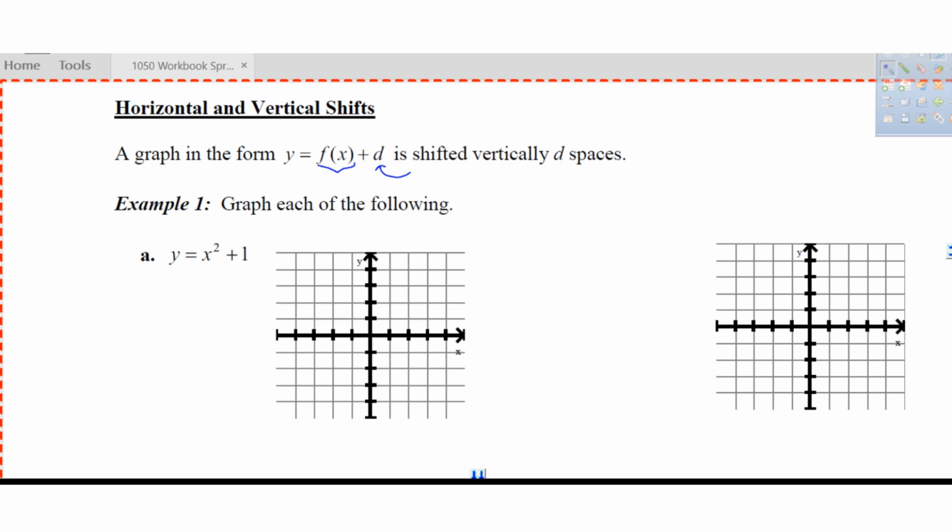You've got your f of x, and then after that, outside of that, is your D. That D would be a number, like a 4 or a -7 or whatever, and that number on the outside moves your graph where? Can you tell me? It is up or down. So everybody right here put up or down. Now it's nice and easy, because if it's a positive, you go up, and if it's a negative, you go down.